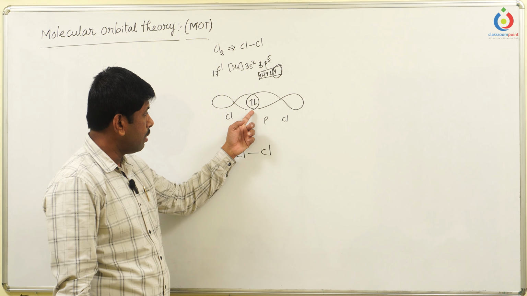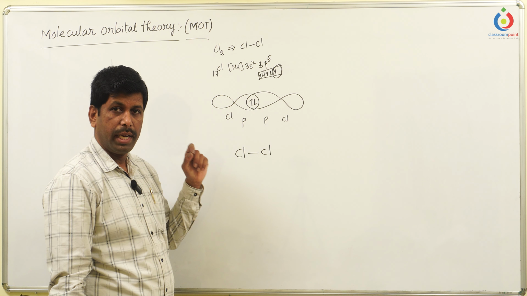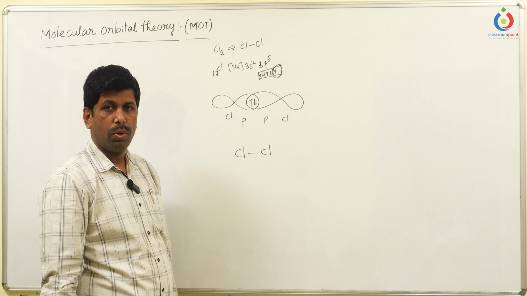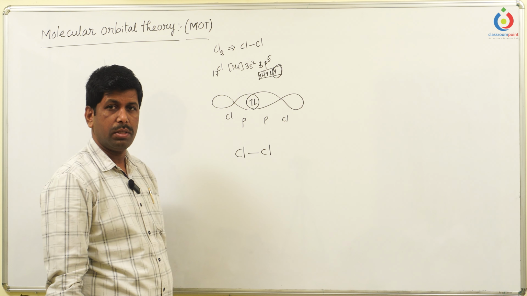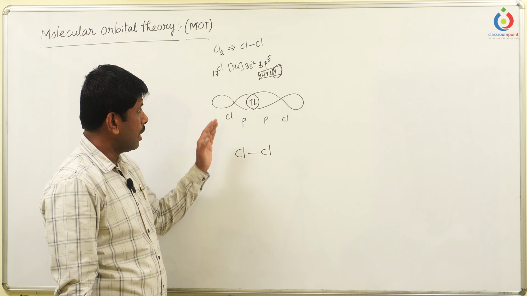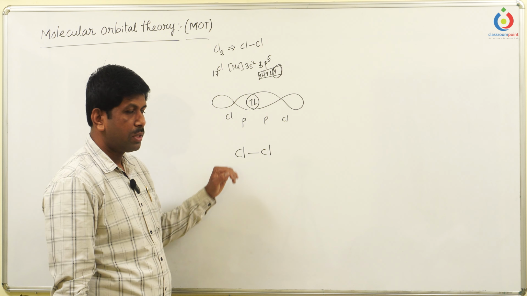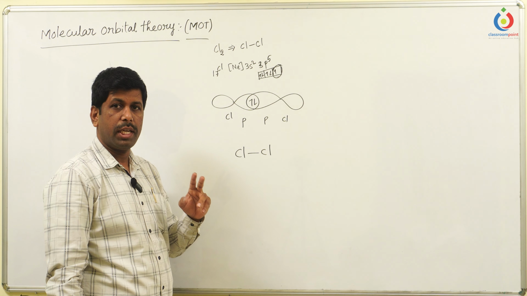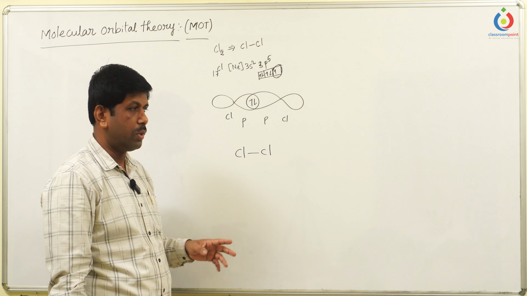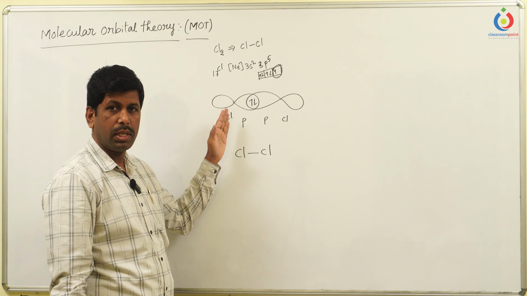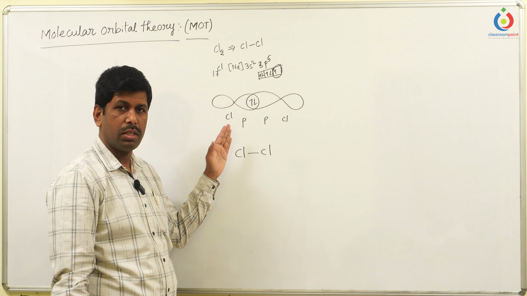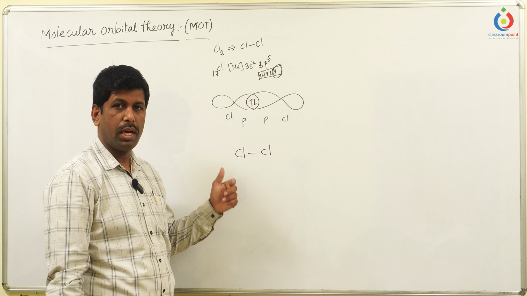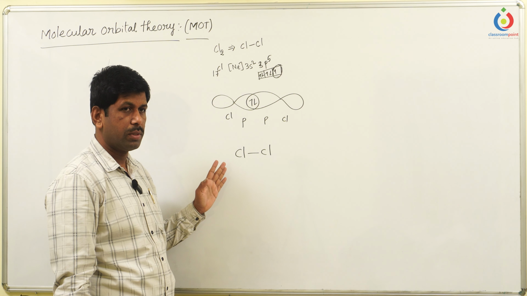But these two bonding electrons are experiencing the nuclear attraction from both of the chlorine nuclei. That means even after formation of a molecule, chlorine has electrons experiencing two types of attractive forces. One type of electrons experiences only one nucleus attraction, and bond electrons experience the nuclear attraction of both of the chlorine atoms.